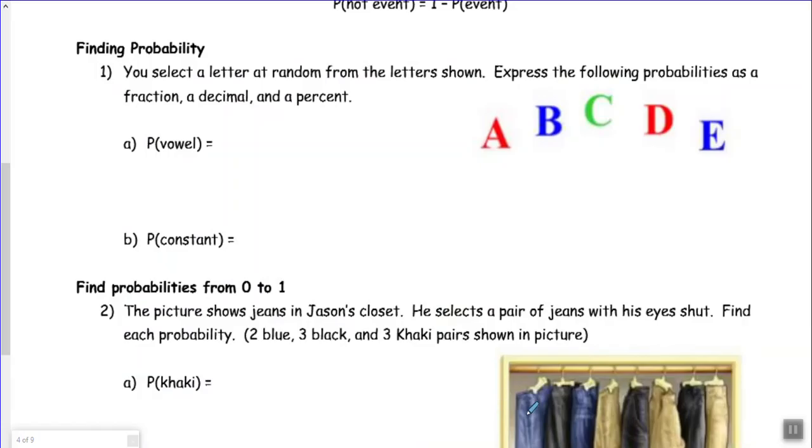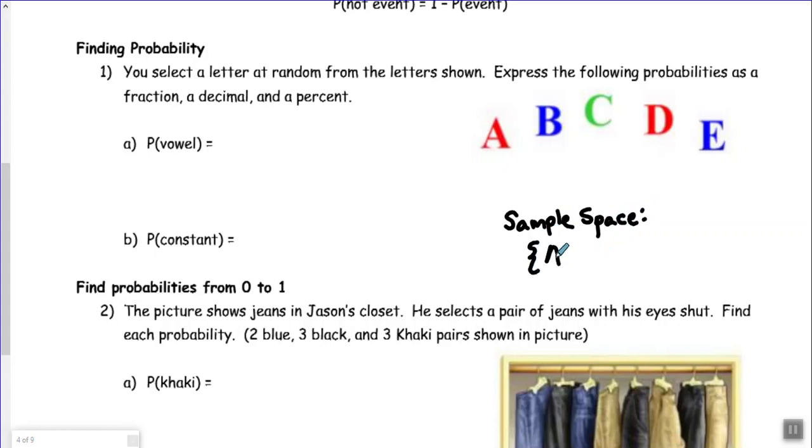Okay, so the first example that we're going to look at says that you select a letter at random from the letters shown. Express the following probabilities as a fraction, decimal, and a percent. So we have a bunch of letters, so that our sample space is actually just all those letters.